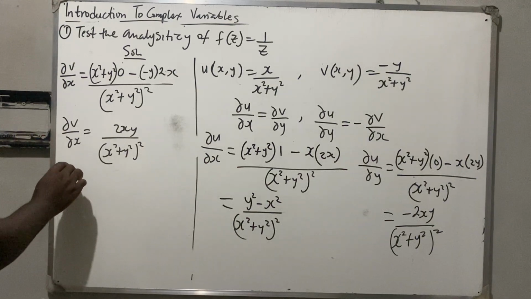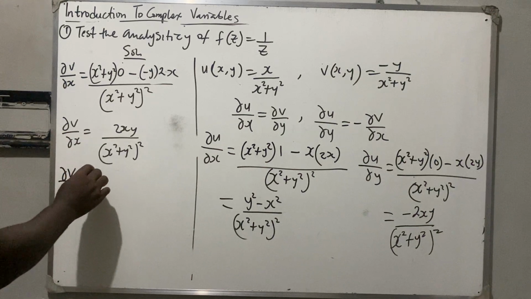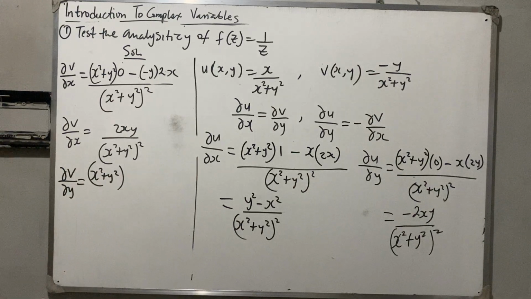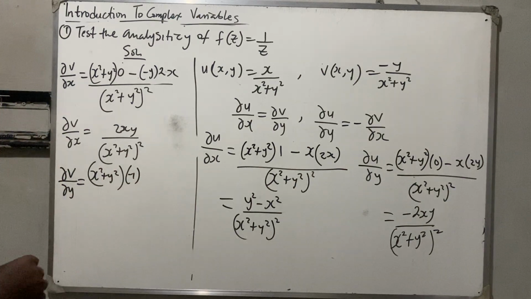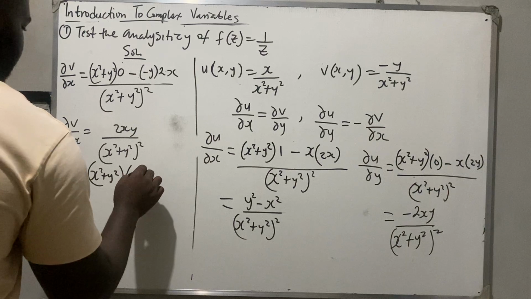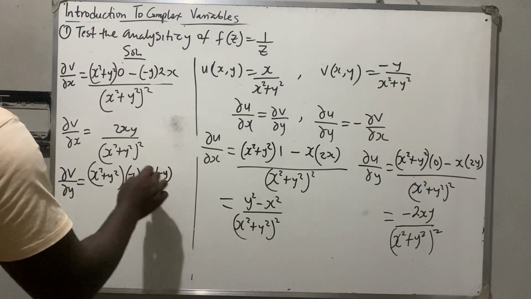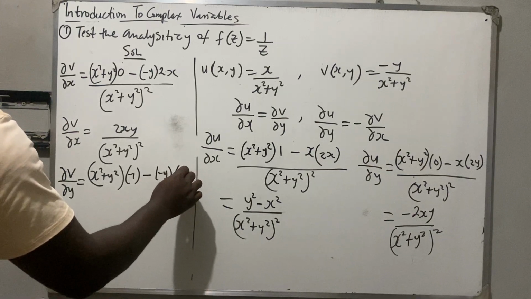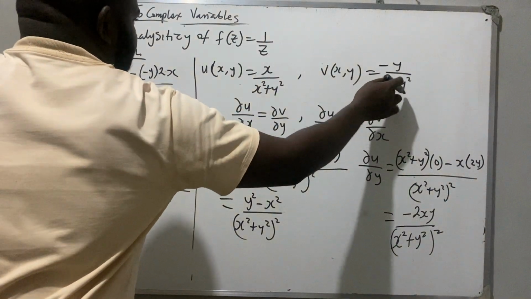So finally, partial v over partial y will now be: leave the denominator, that is x squared plus y squared. Differentiate the numerator, you have minus 1. Then minus, leave the numerator, which is minus y. Differentiate the denominator, you have 2y.